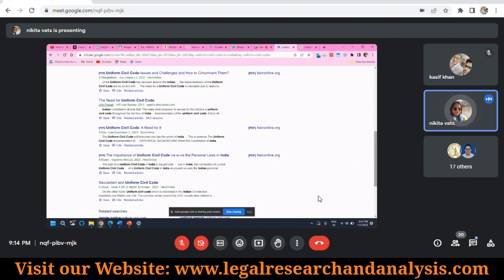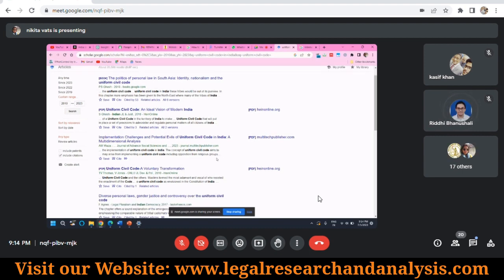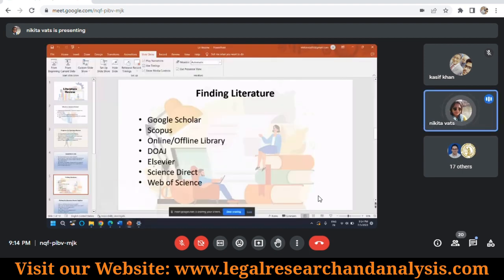We have mentioned how to filter it. So try this tool, and this is just one tool. There are others also, and there would be some legal tools that you can tell me. I'll also add them to the list. So try these.